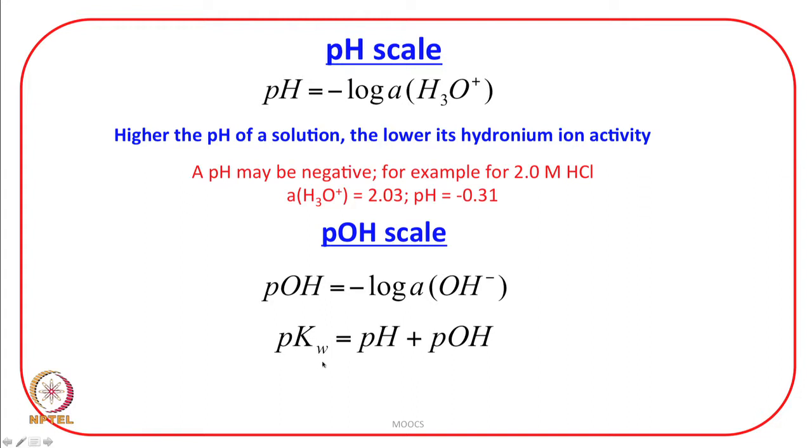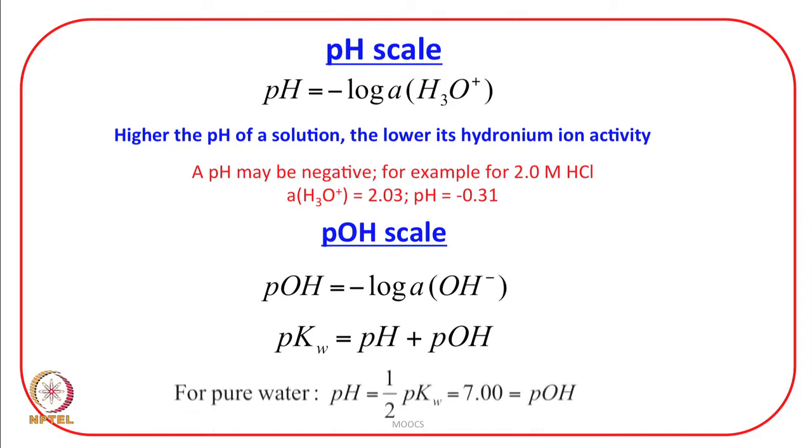Therefore, pH and pOH have to adjust in such a way that the sum remains constant. In other words, if the value of one goes down, the value of the other must go up.